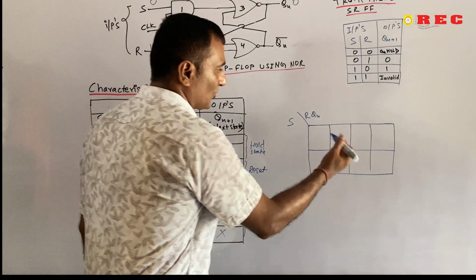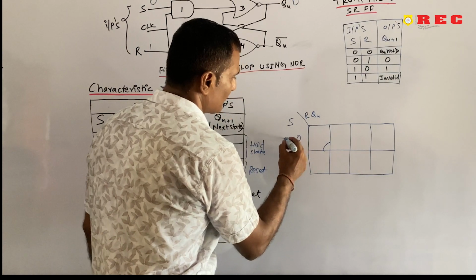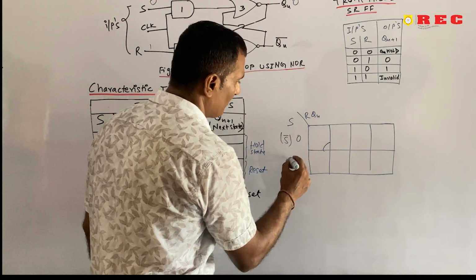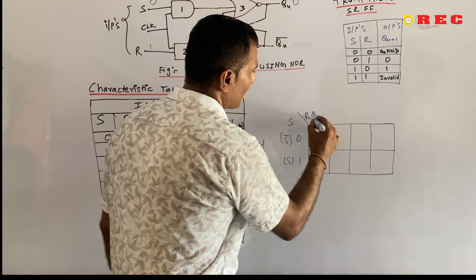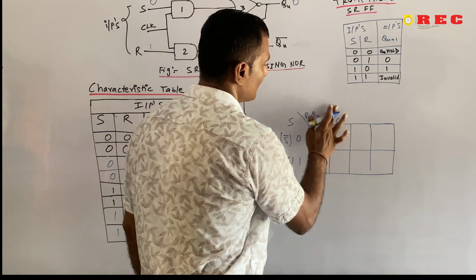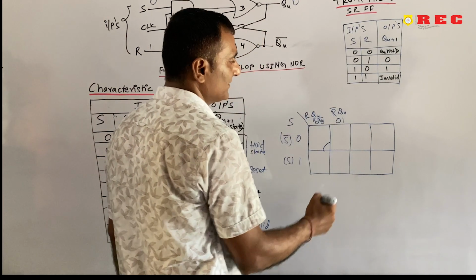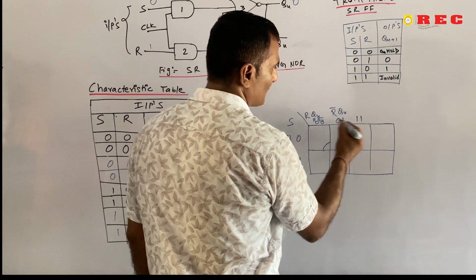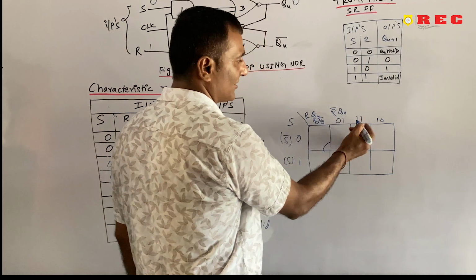So firstly we will draw the box. This is 0, this is 1, and this 0 is known as S complement in the sum form, and this is S. And here if this is 00, then this is R complement and Qn complement. This is 01, this will be R complement and Qn. This is 11, because we are applying gray code here. So don't be confused, this is why there is no 10.